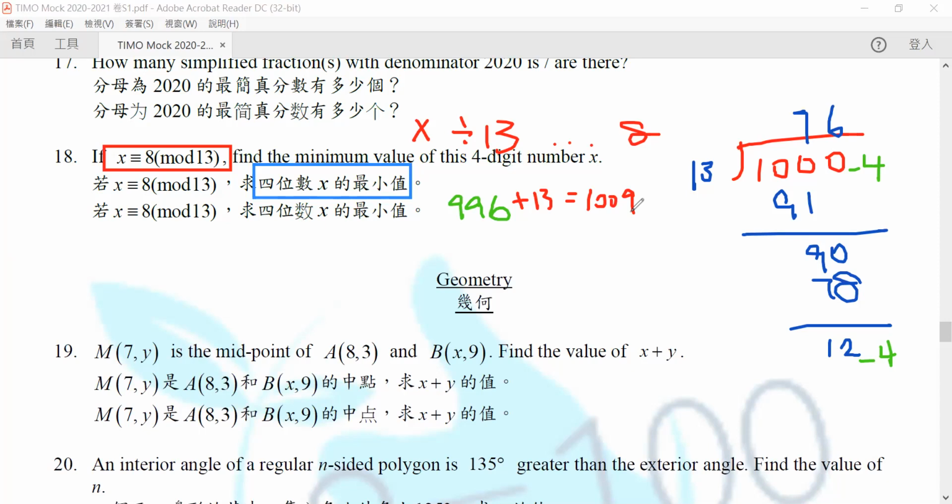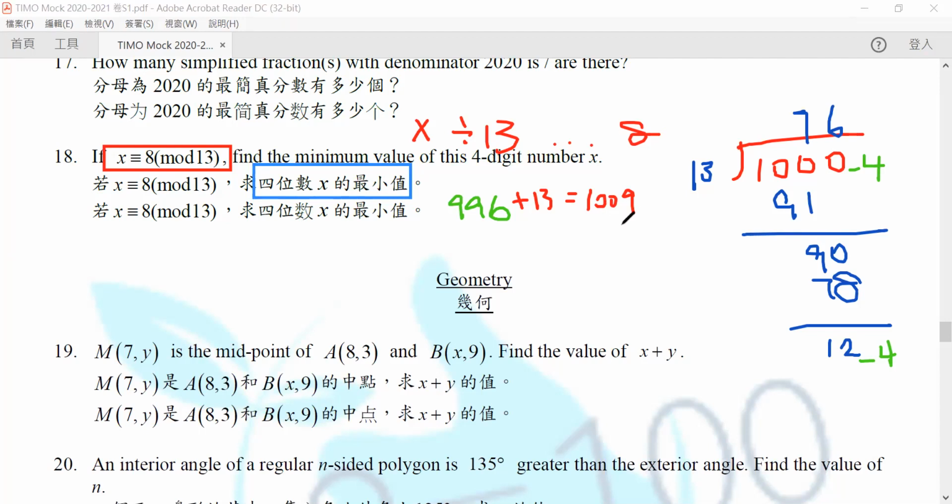All right. So this is the answer. Now, if you have an answer sheet, you will find that this is not the same as the one marked in your answer sheet. Your answer sheet is wrong. 1001 is divisible by 13, so it will not remain 8 there. So the true answer is 1009.